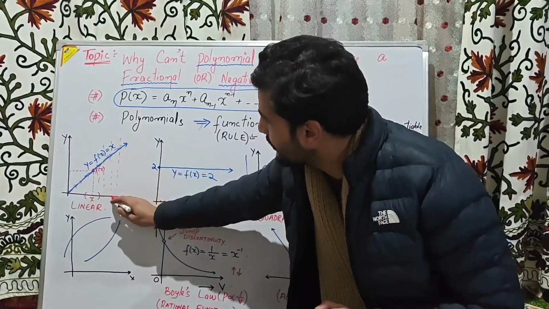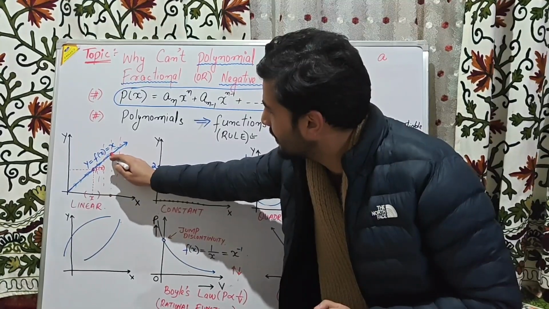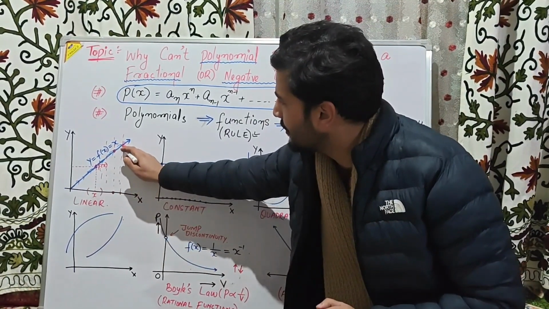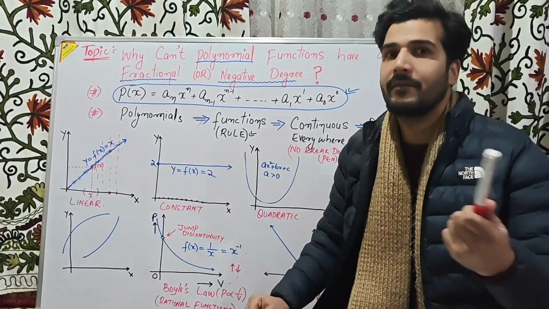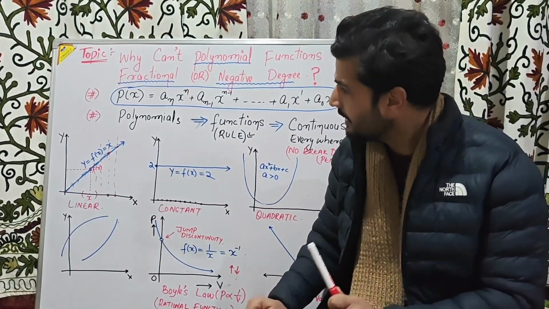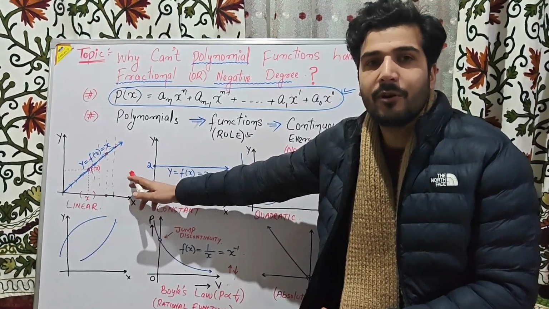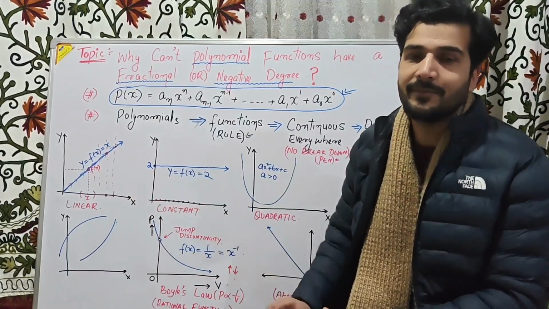It means that corresponding to every point from the domain set, there exists an image. This is what we mean by function. So this linear polynomial is a function. It is continuous. It is differentiable.